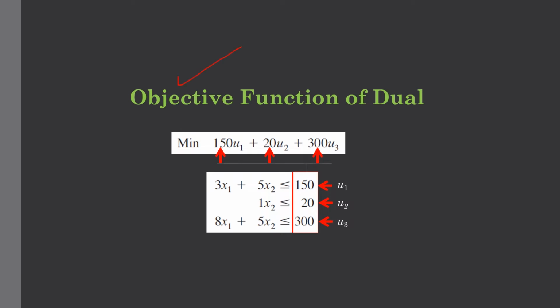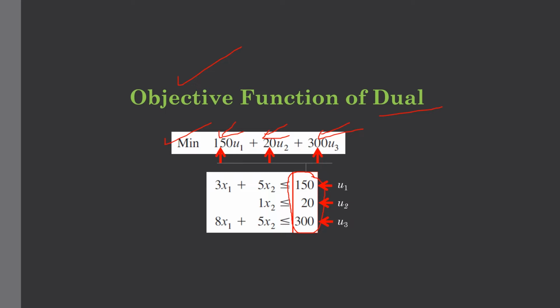How to write the objective function of the dual problem? If the original problem is of maximization, then its dual objective function will be of minimization instead of maximization. What are the coefficients of the variables in the dual? The coefficients of the variables in the objective function are the right hand sides of the primal problem.